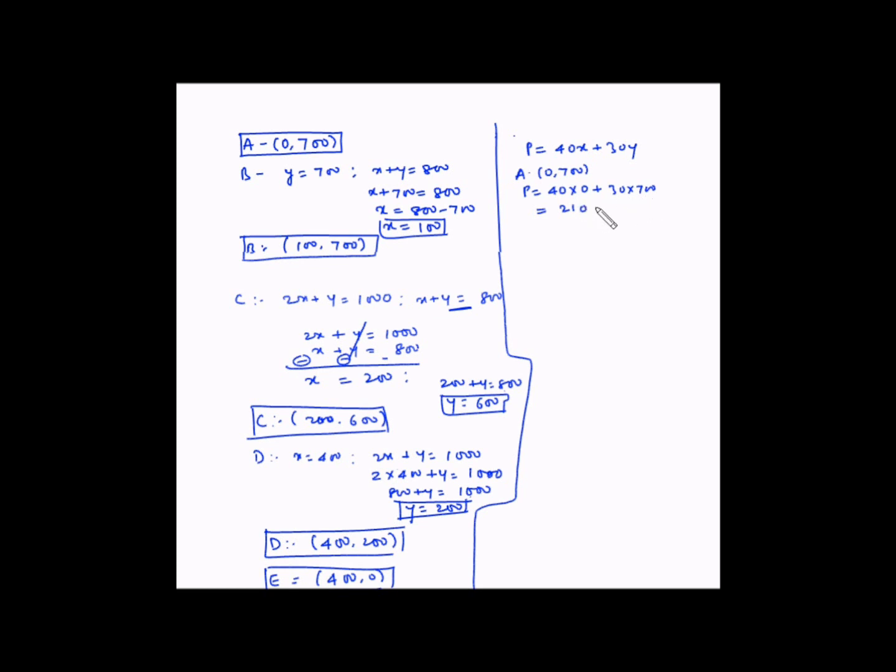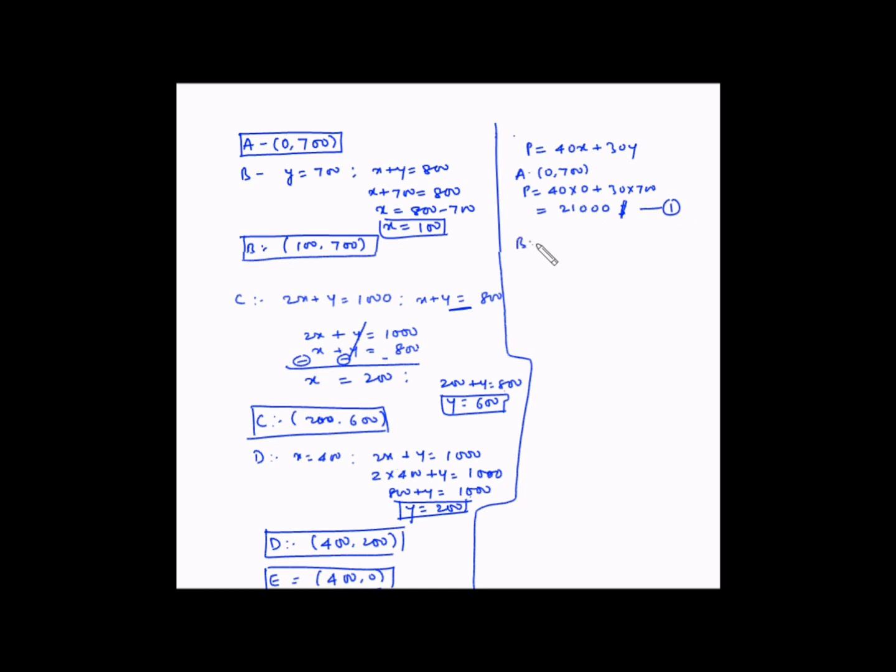So 0, 0, 0. So profit, if we have the value of x as 0 and y as 700, is $21,000. So let's say this is 1.